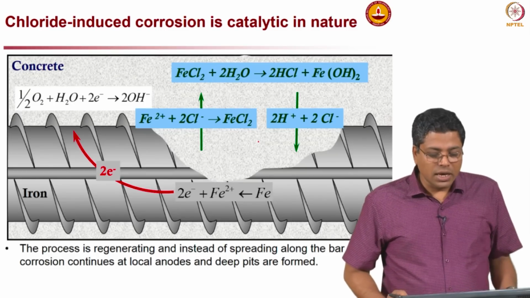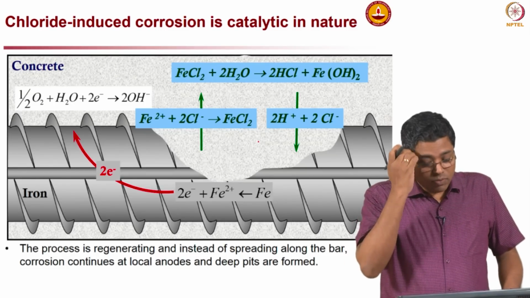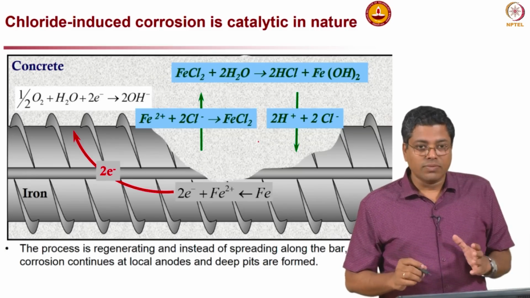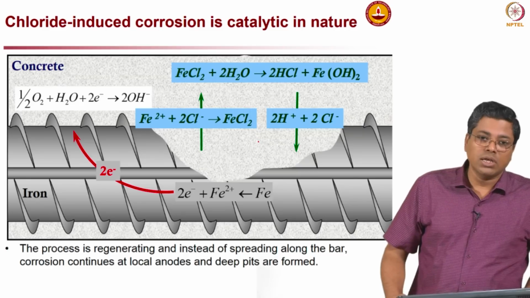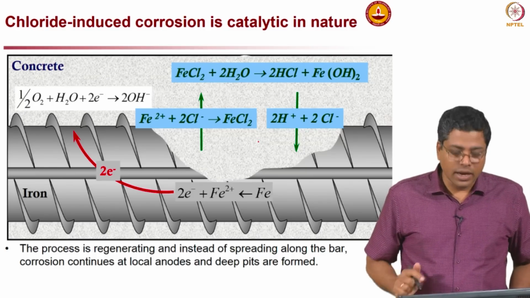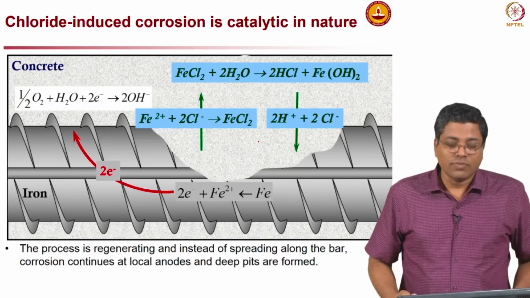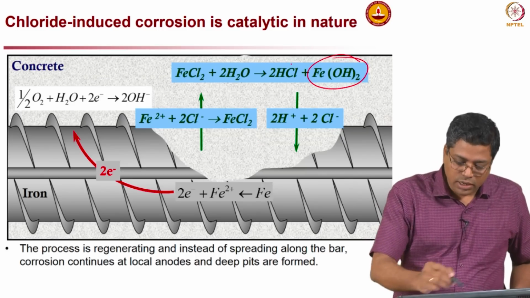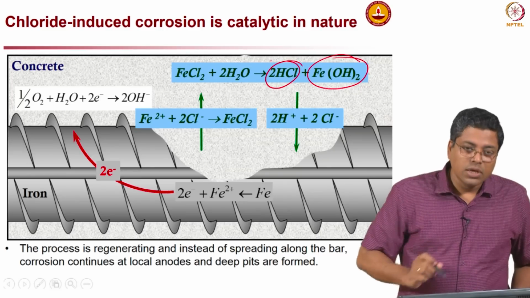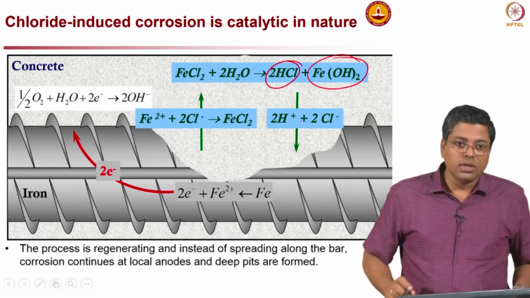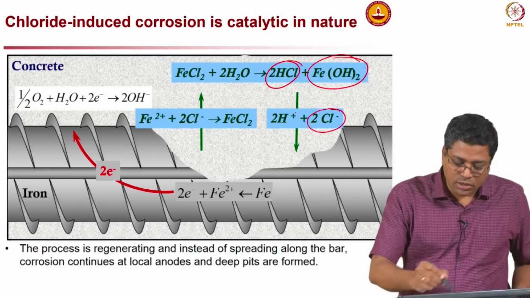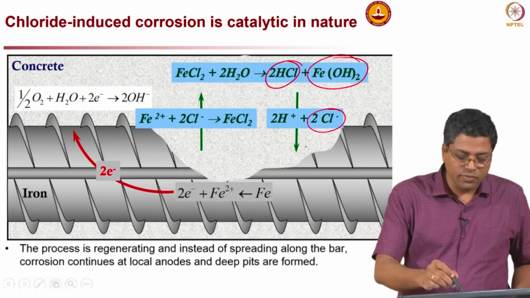Now, how this pitting happens, or the reason for this, is that when chlorides reach the steel and the amount of chloride available is more than the chloride threshold, they react with the steel, and you have ferrous hydroxide formed right here. Along with this ferrous hydroxide, you also have HCl, which will precipitate near the steel surface, and then the same chlorides will be available for the steel for further reaction.